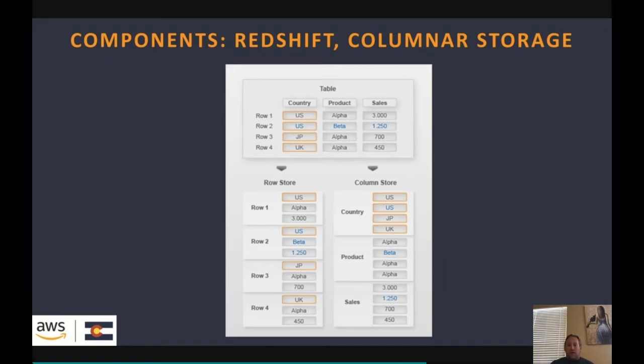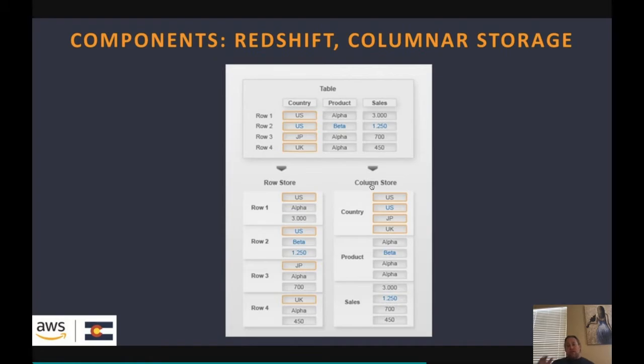And so getting into columnar storage, it's a pretty interesting concept, kind of heady, honestly. If you were to look at traditional row-based storage, on row 1, you would have the US country, alpha product, and sales. So, very predictable stuff. That results in this row-based storage paradigm where you think about one row, kind of like Excel.